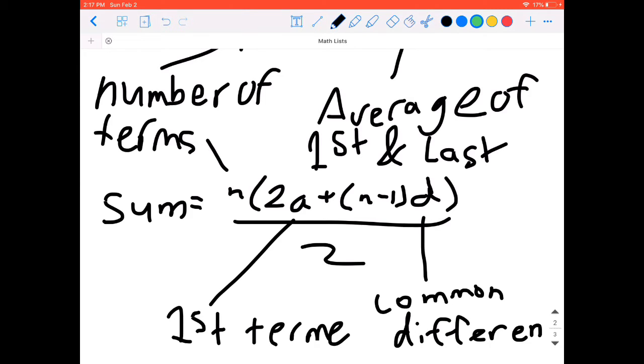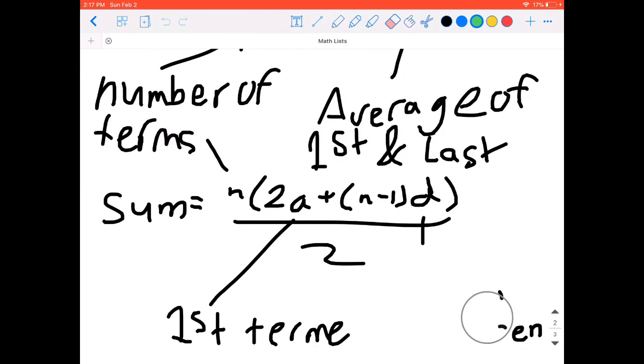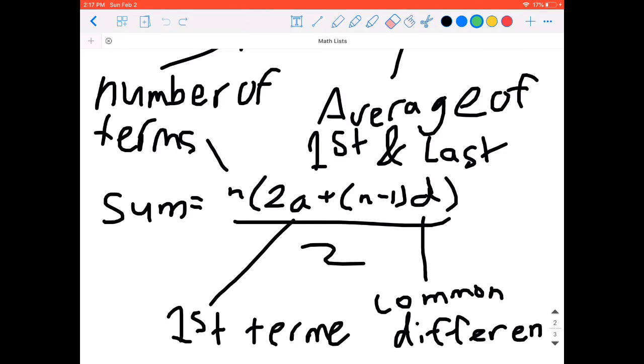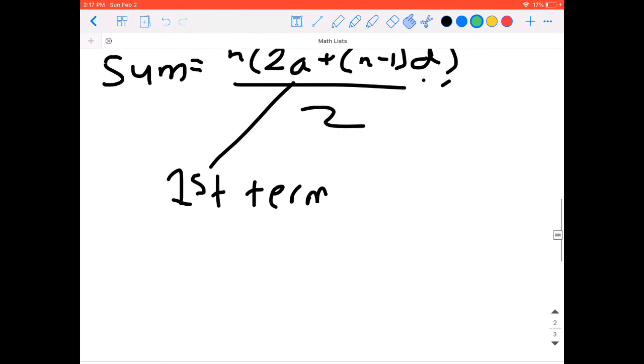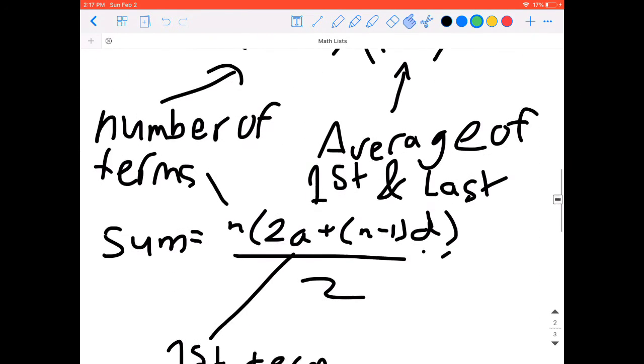You guys know what d is because I already explained that before. Yeah, so that's the sum of an arithmetic series.